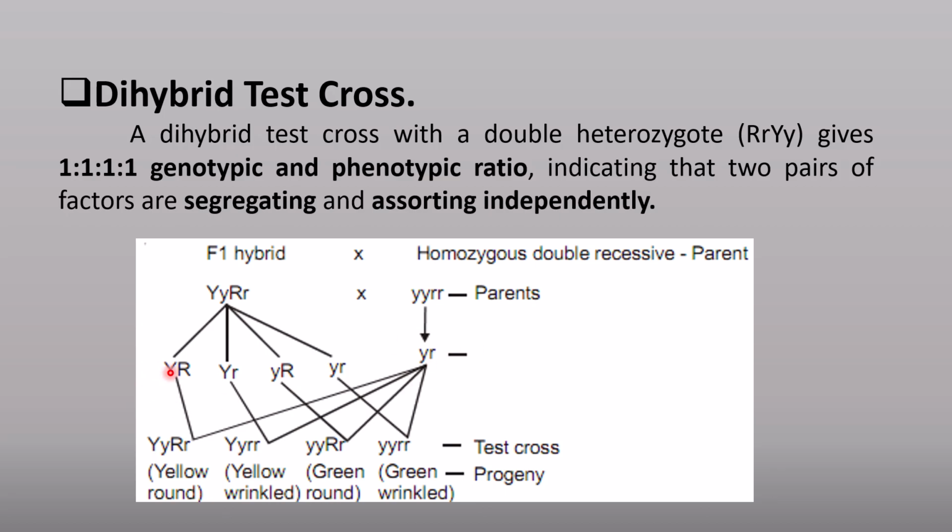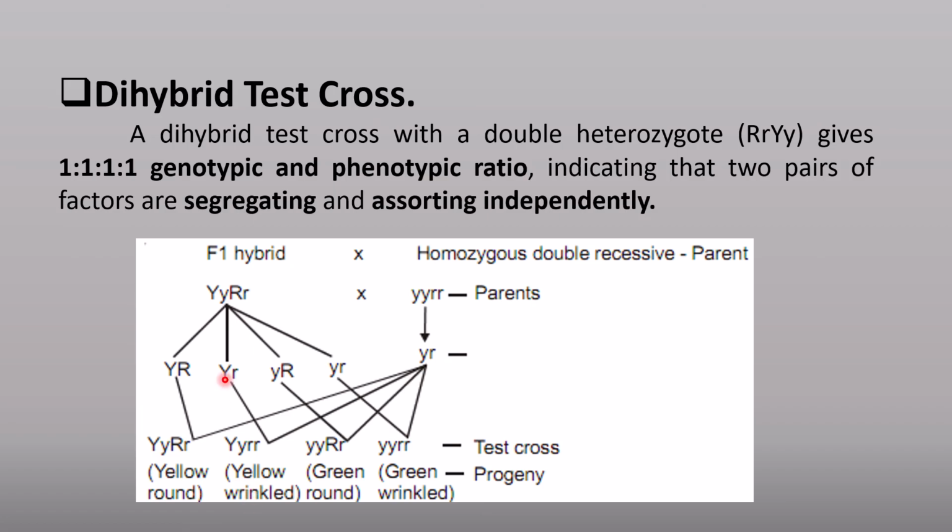So here when this crosses with the homozygous parent, there is a formation of capital Y, capital R, small r. This is responsible for the yellow round color. Though it is heterozygous, the dominant character is being produced here, that is yellow color and round shape. And then this particular gamete, when it crosses with the homozygous parent here, gives yellow and wrinkled.